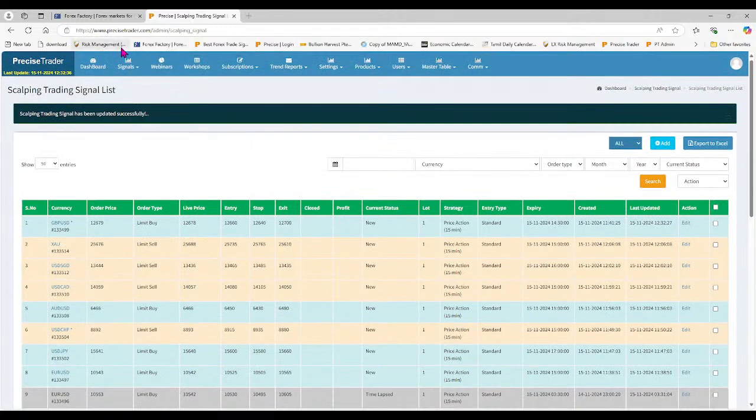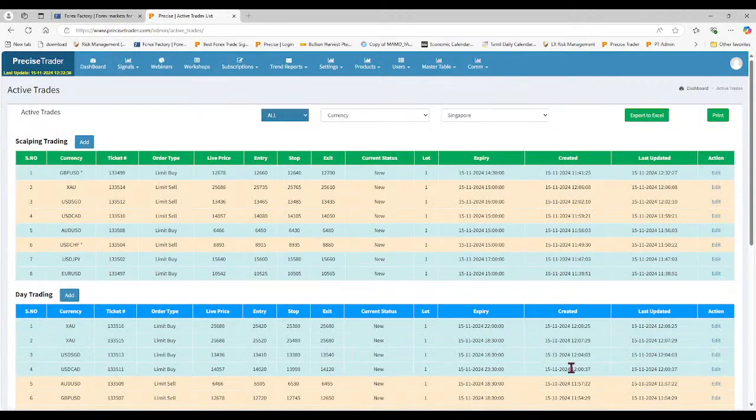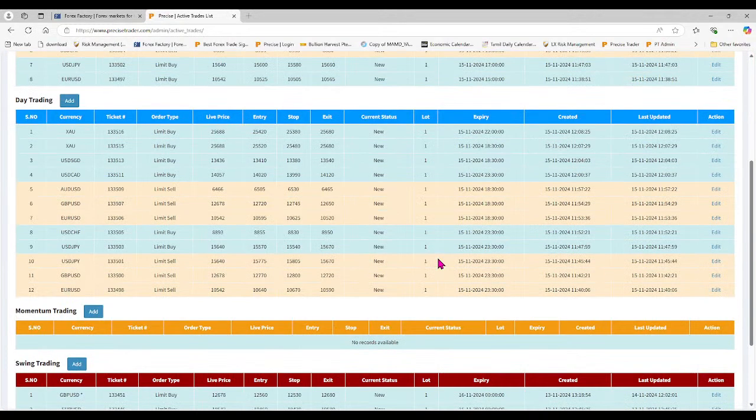Since we are having 3 sessions now, what I'm planning to do is give you the view together with the signals. Of course, the signals are there, but signals are very static.